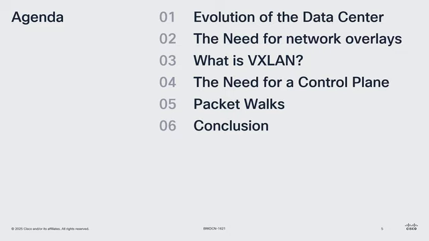Now, it's important for us to understand because overlays have been around for quite some time. So we're going to talk about the need for overlays, but really, what is the VXLAN encapsulation? I'm sure everybody here has configured a VLAN before, correct? Everybody knows VLANs. So if we had VLANs, why did we need VXLAN? What did that bring to the table?